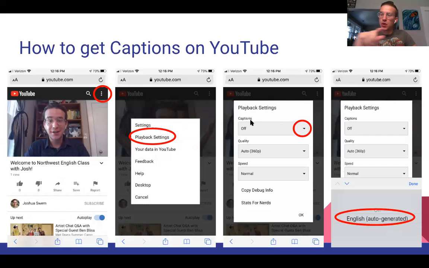Captions are when there's little words at the bottom that are writing out what I'm saying so you can read while you're listening. Turn those on to English auto-generated. So this means that I didn't write these words. The technology is just guessing what I'm saying. So hopefully I'm speaking clear enough that it gets it correct.